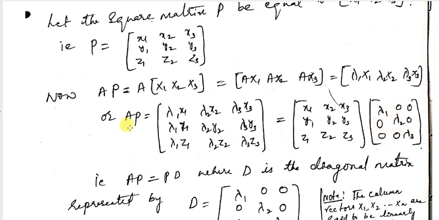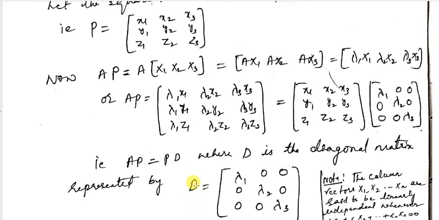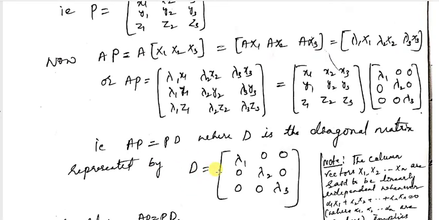So that is the matrix AP. The product AP will be equivalent to the product P into D, where D is the diagonal matrix, represented by D equal to lambda 1 0 0, 0 lambda 2 0, 0 0 lambda 3.